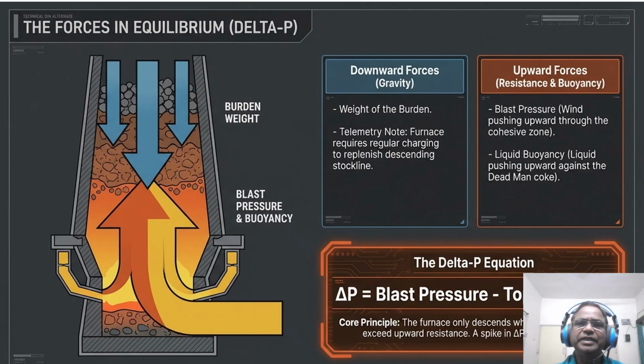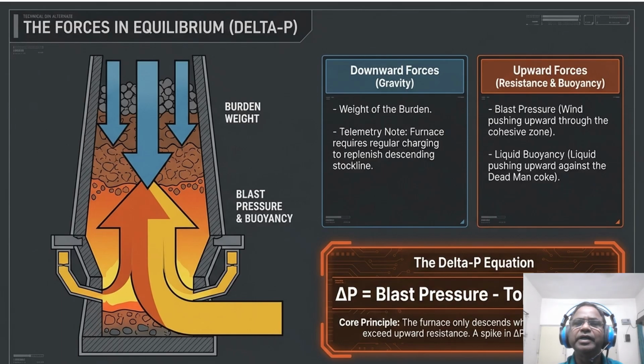Now, as you can see, the forces in equilibrium are shown in this slide, and this is a very important one. We track the delta P equation, as you must be knowing. It is the blast pressure minus top pressure, and the furnace only descends when the downward weight of the burden exceeds the upward resistance of the blast pressure and liquid buoyancy, as it is shown.